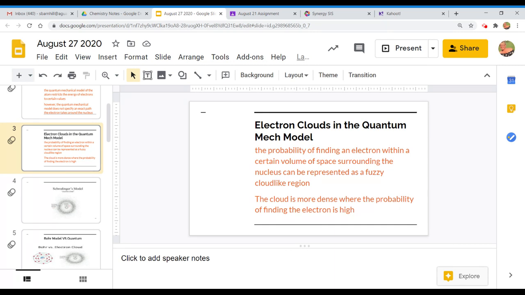And when you visualize these clouds, they are fuzzy looking regions that appear when you take scanning electron microscopic images of atoms, and where they are more dense, that's the higher probability regions where electrons can be found.